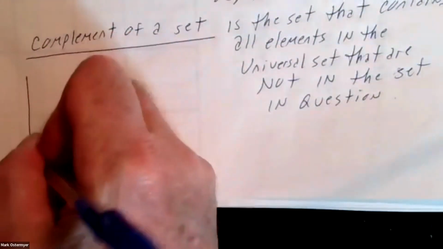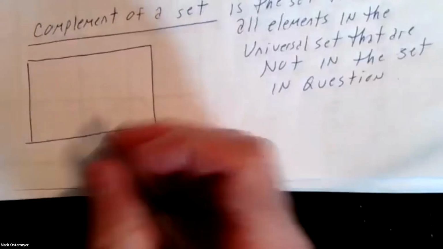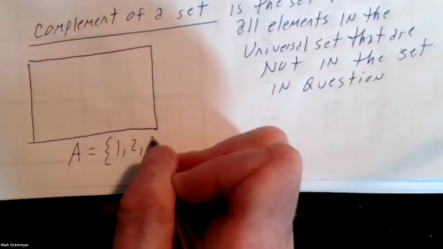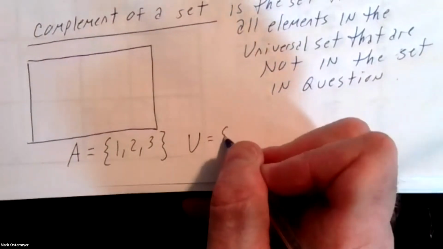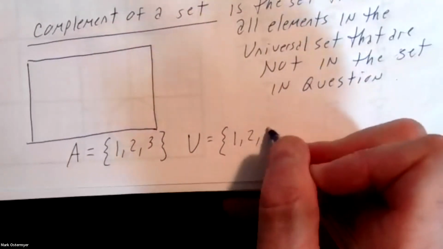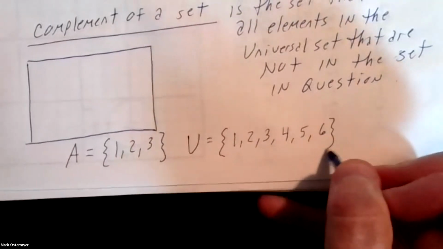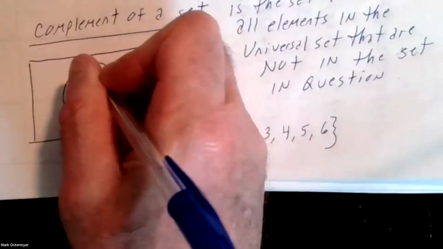Okay, let me show you an example. Suppose, ladies and gentlemen, I define set A to be the set that consists of 1, 2, 3. I define the universal set to be the set that consists of 1, 2, 3, 4, 5, 6. So we could build a Venn diagram to represent this situation.